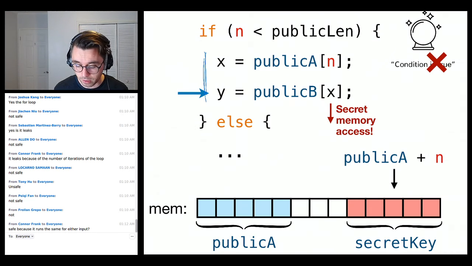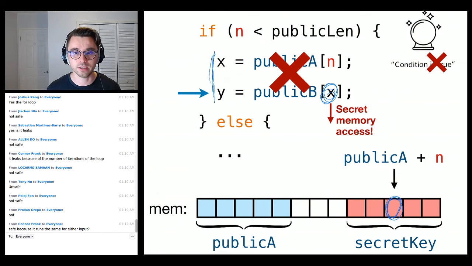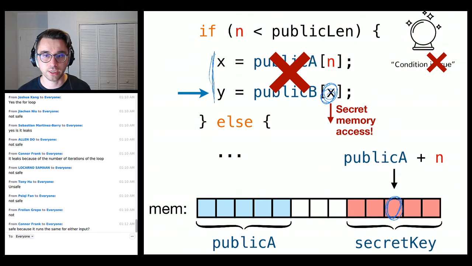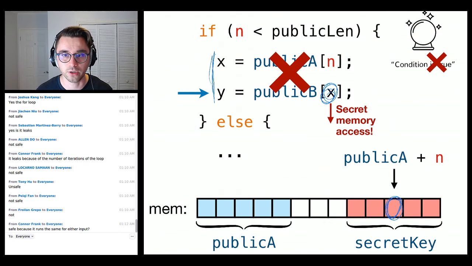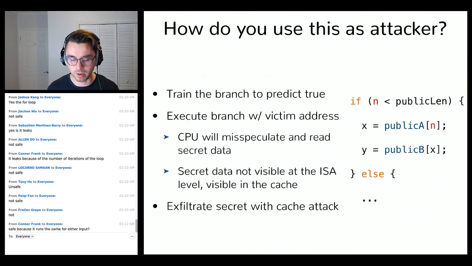So for real, the condition is false, which means that it's going to undo this whole part, but it still accessed memory at this location, which means that this thing was still brought into the cache. And where in the cache that thing is, is directly visible to the attacker, so they get to learn what that secret actually is. Okay, so for real, we'll then execute the else branch, but that doesn't matter because we already leaked information there.